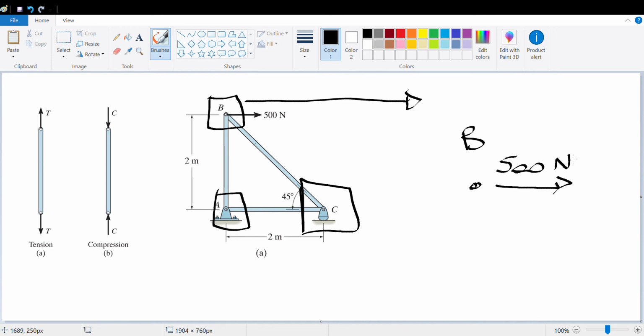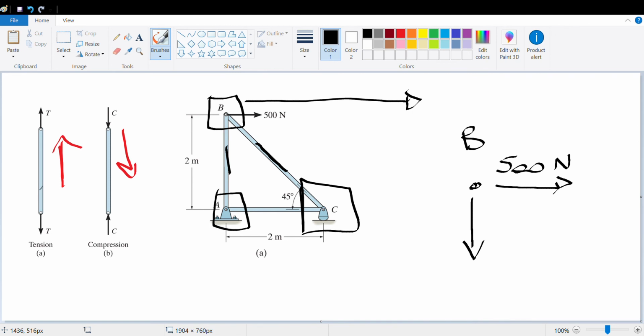Then we know that each of the two members on it will act on the joint, and it can act only with either a tension or a compression. So we can decide arbitrarily how to orient the force acting on the pin. Be careful: if the member is under tension, then the force that it applies on the joint is coming out of the joint, because of Newton's third law.